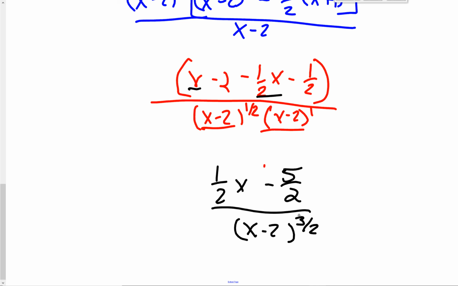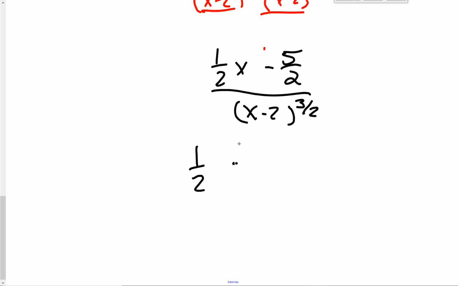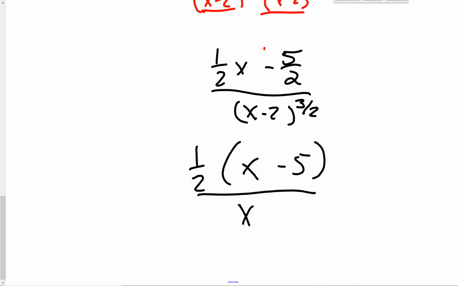So here we have this, and then we can go ahead and simplify that even further by taking out that 1/2. So we can factor out a 1/2 out of the top. So 1/2 out of the top, we get left with x minus 5 all over x minus 2 raised to the 3/2.